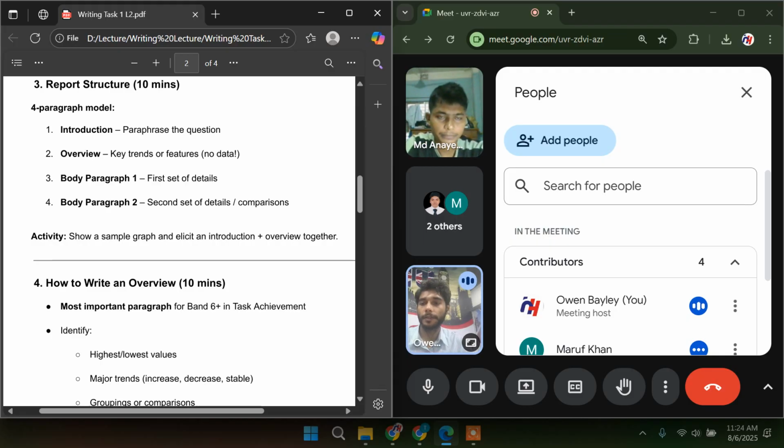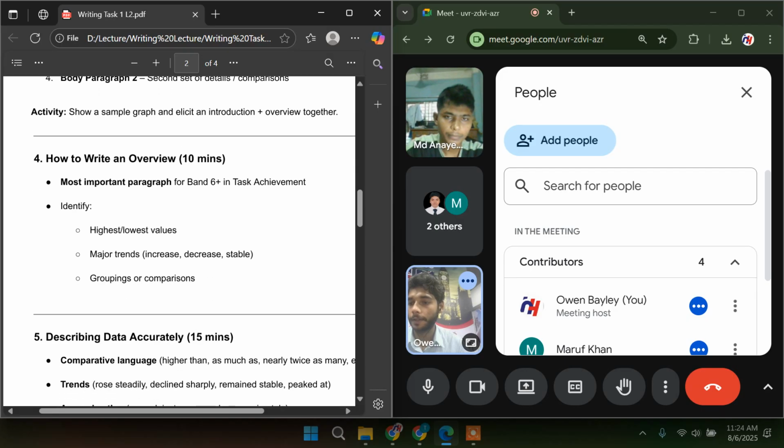You have to just cover the key trend or the main features of that chart or graph. Body paragraph 1 is where you put your details, the numbers and everything. Body paragraph 2 is a second set of details or comparisons. Activity: show a sample graph and edit the introduction plus overview together.